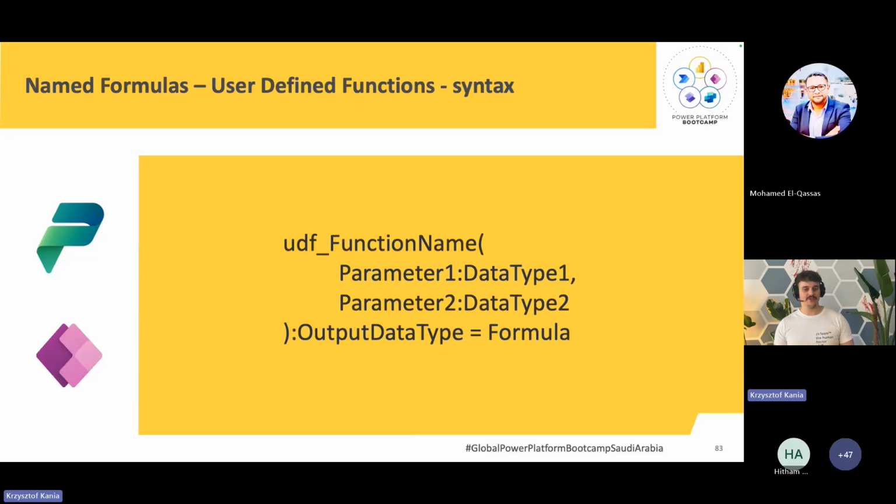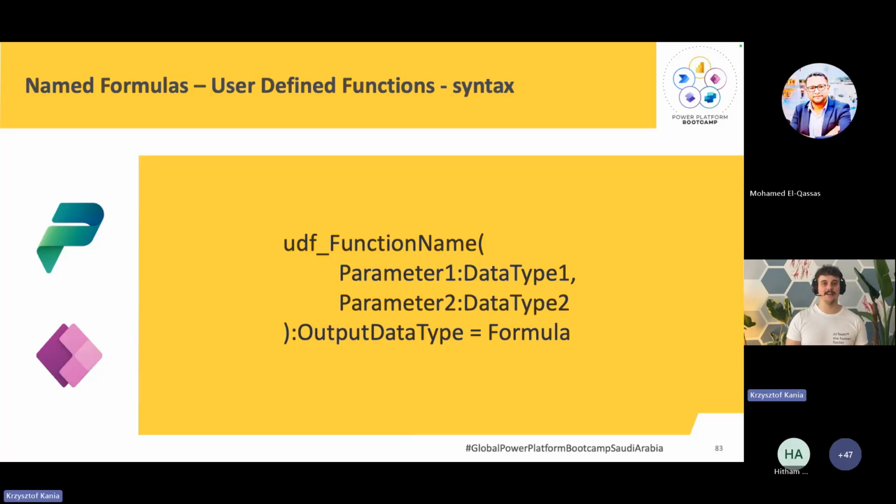UDF underscore function name to identify it properly, then you provide parameters, so the input data to our function, and you have to define a data type of each input. Then when you close your inputs with a colon, you define the output data.